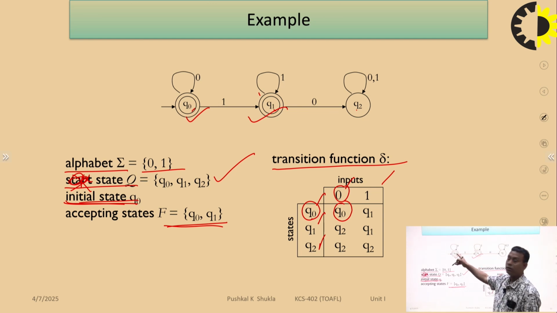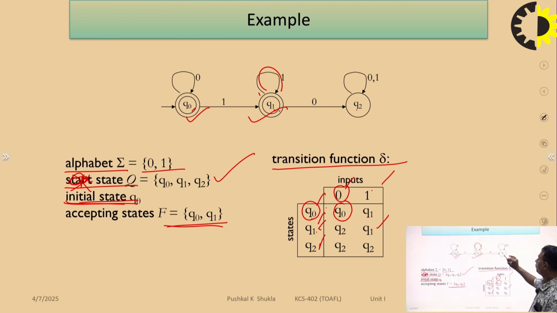For Q0 with input 1, it goes to Q1. Similarly, for state Q1, input 0 goes to Q2, and input 1 goes to Q1. For state Q2, input 0 goes to Q2, and input 1 also goes to Q2.